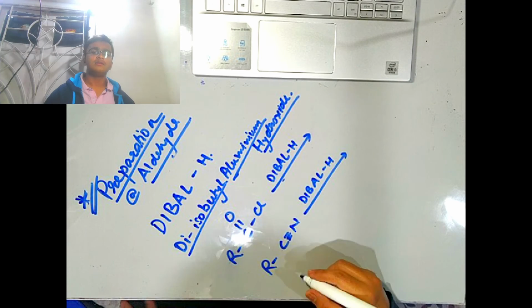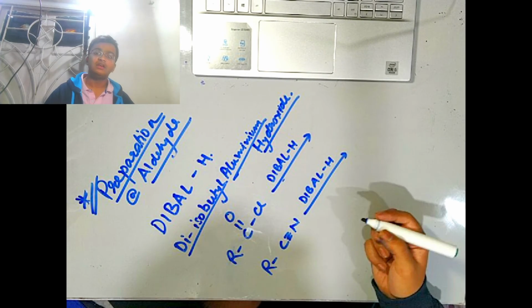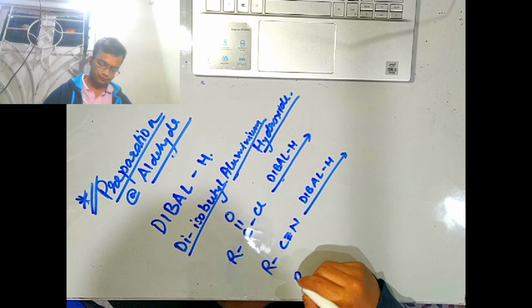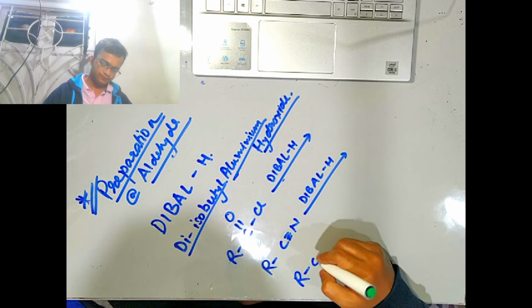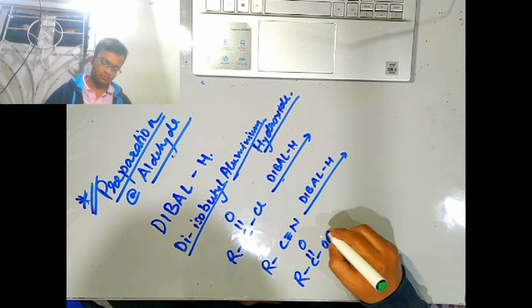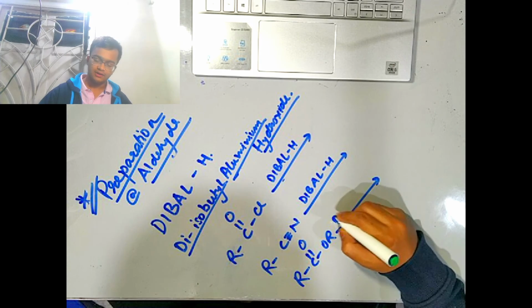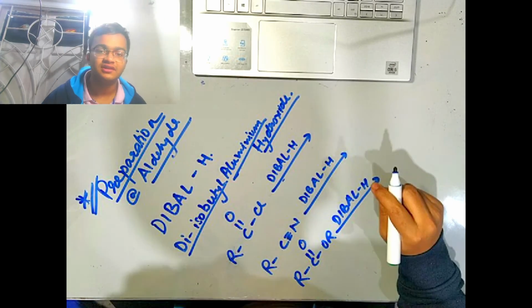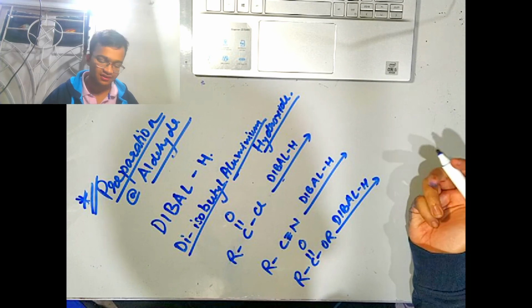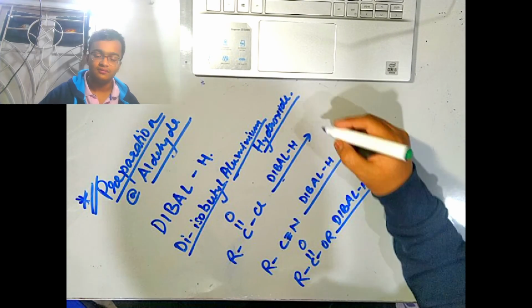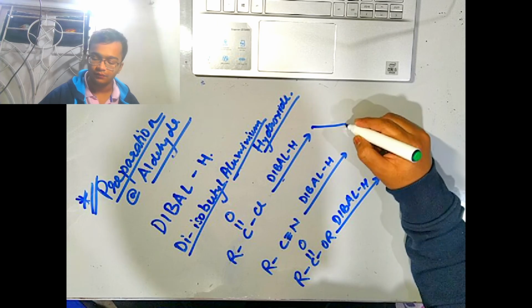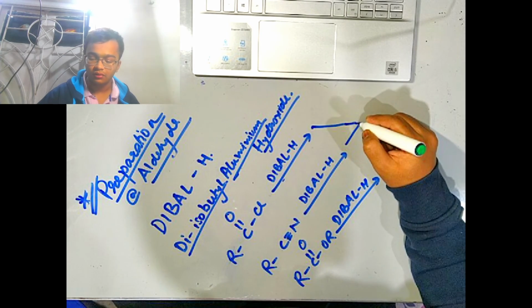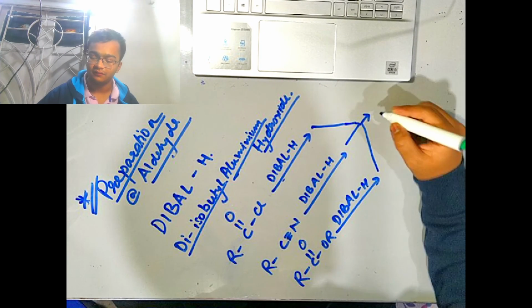Lastly, we will take ketone, or rather ester, RC double bonded O, single bonded OR, and will give DIBAL-H. Now I have mentioned earlier that this is a magical thing which will convert all of these three things. Okay, all of these three things will be converted to this.